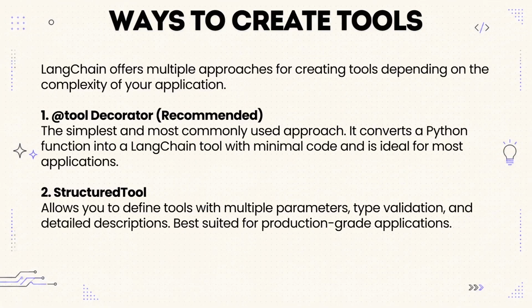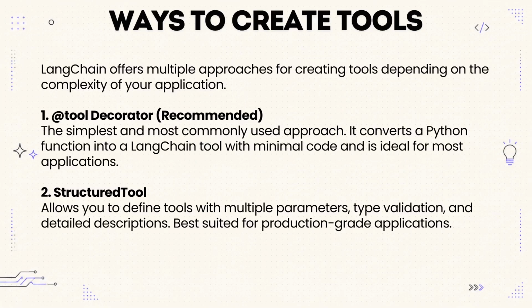We decorate a Python function where we can use minimal code and perform some operations. This is a simple utility-function-based approach, where you create a function and use LangChain to execute the tool.